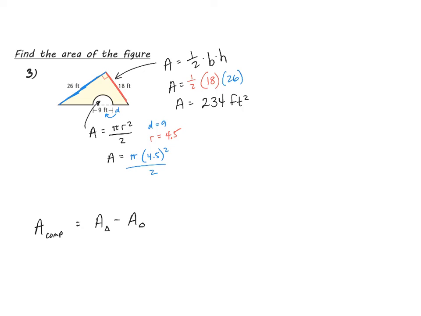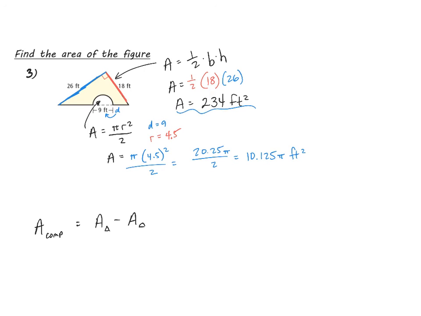So let's punch that into my calculator. And I get 20.25 when I square 4.5 pi over 2. And if I want that as a decimal, let's go with 10.125 pi, and it's area, so it's going to be square feet.